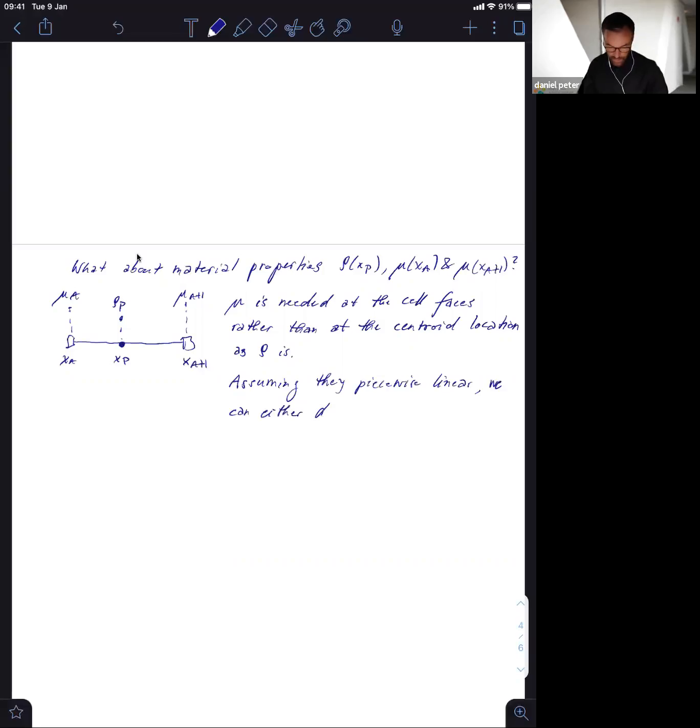We can define them at the centroid position, together with the gradient information.